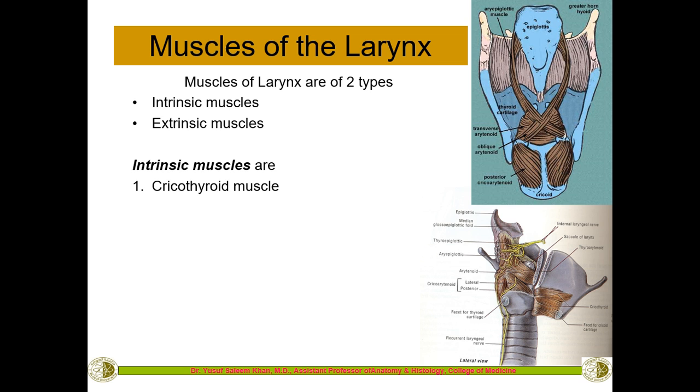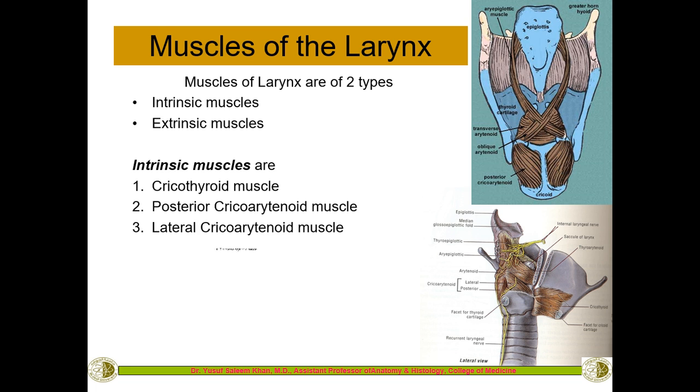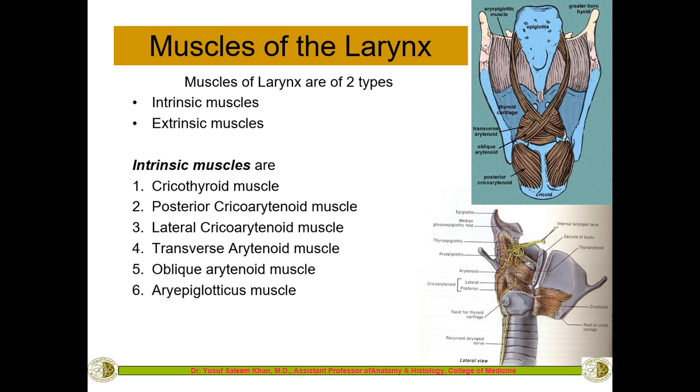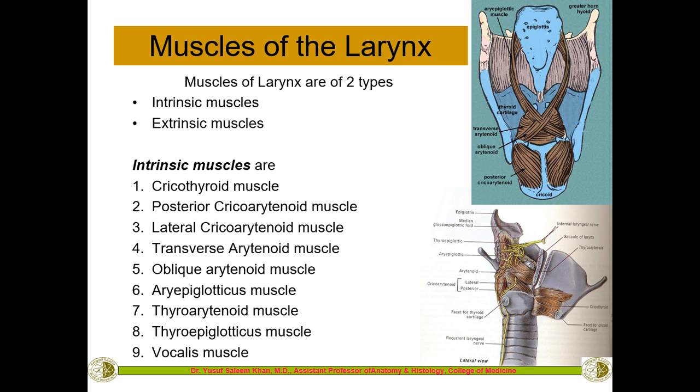The first one is the cricothyroid, the second is the posterior cricoarytenoid muscle, the third one is the lateral cricoarytenoid, the fourth is the transarytenoid, fifth is the oblique arytenoid, sixth is the epiglotticus, the seventh is the thyroarytenoid, the eighth is the thyroepiglotticus, and the last one is the vocalis. So these are some of the intrinsic muscles of the larynx.